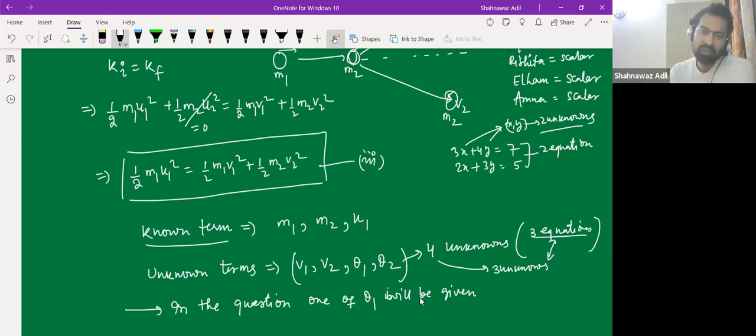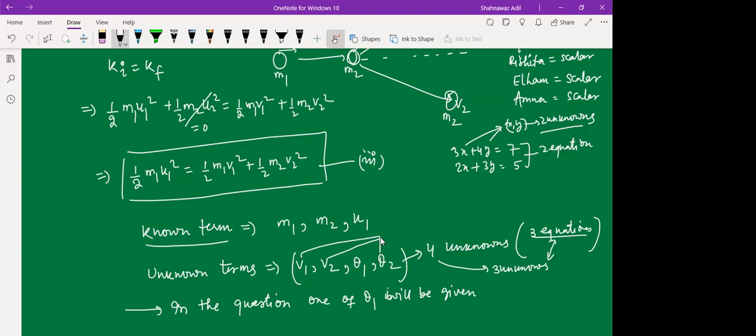So when we have these four unknowns and three equations, we cannot solve. But in the question, they will give one value of theta 1. Then we would have three unknowns, right? Then you can solve the equation. Is this clear, everyone?